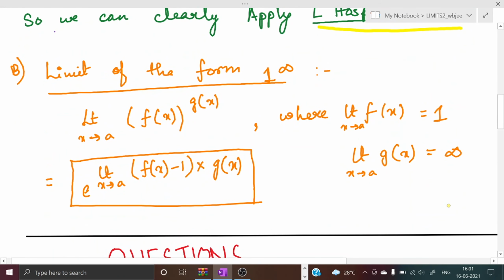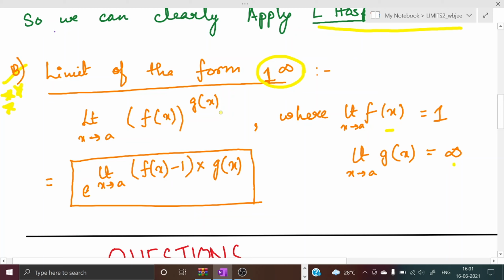Next, this is an important form: the 1 to the power infinity form. A lot of questions come from this part. Suppose you have a function f of x, and as x tends to a, f of x tends to 1, and as x tends to a, g of x tends to infinity.